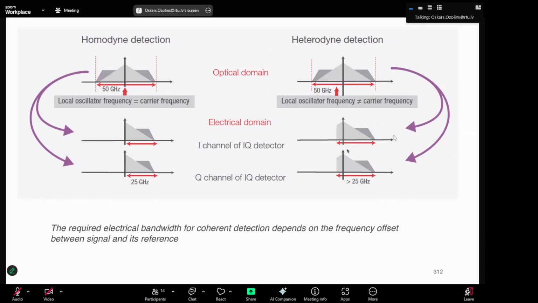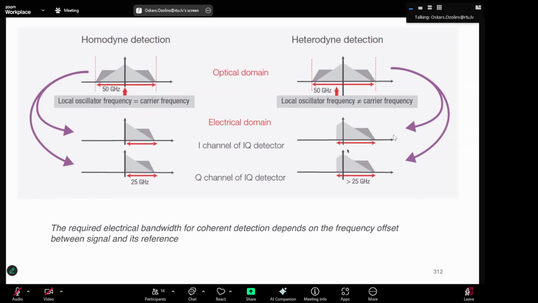In typical heterodyne detection, you try to keep the spacing as close as possible. But imagine you have two oscillators which are oscillating all the time with different phase.